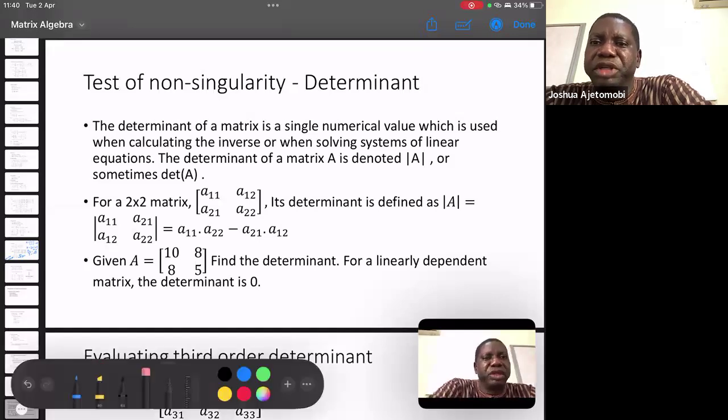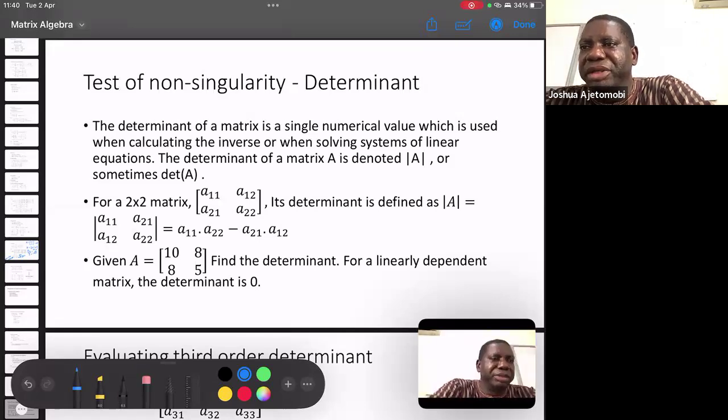For a 2 by 2 matrix, A11, A12, A21, A22, the determinant is usually represented by this symbol and is equal to A11 multiplied by A22.